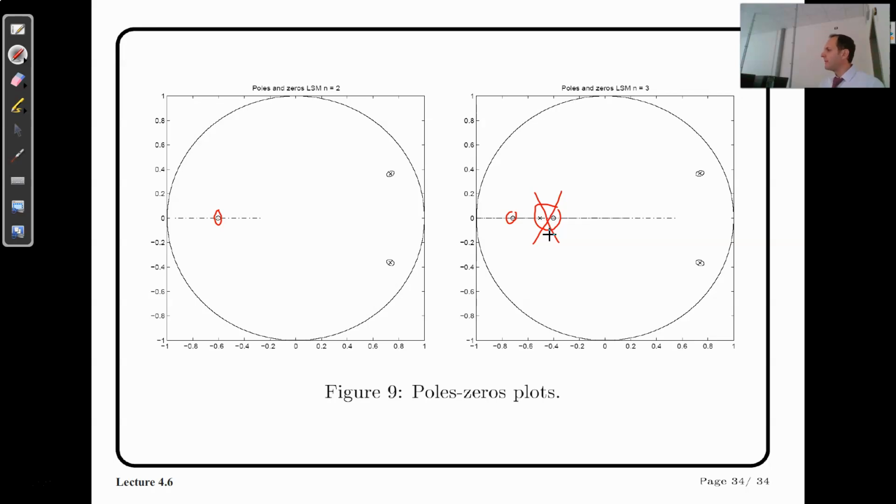It is a typical situation. You cannot expect, due to the uncertainty, that the zero which is included in the model is perfectly aligned with your pole. It is close due to the noise. But this is an important indication that a model order 3 is too high. So please do not select an order 3.